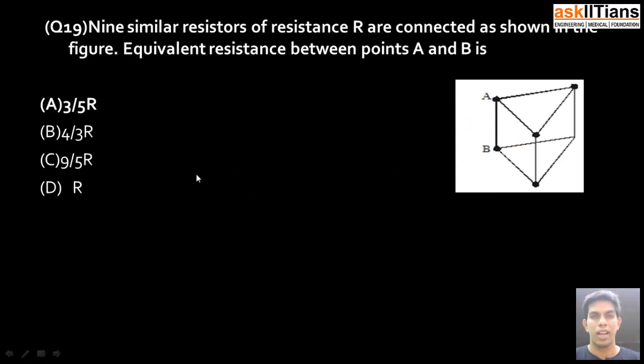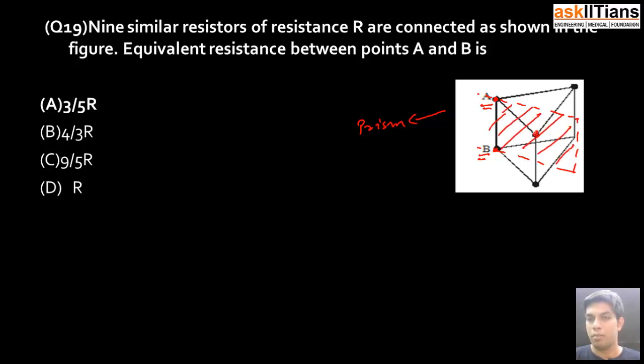So moving on to the 19th question, it says 9 similar resistors of resistance R are connected as shown in the figure. Equivalent resistance between points A and B is, so this figure is kind of a prism, and we need to find out the net resistance between points A and B. Here is a plane of symmetry.